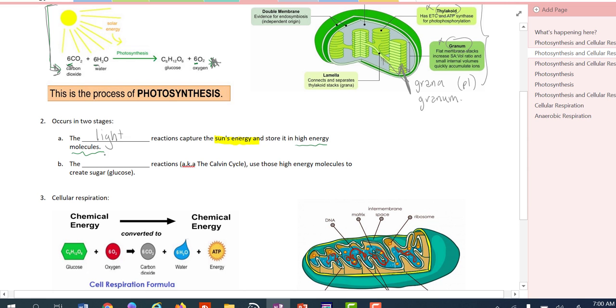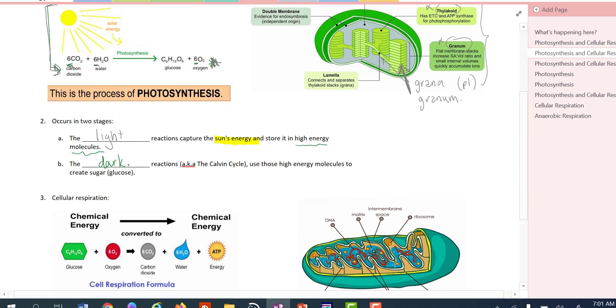The second stage is called the dark reactions. Again, for obvious reasons, here they don't use light.